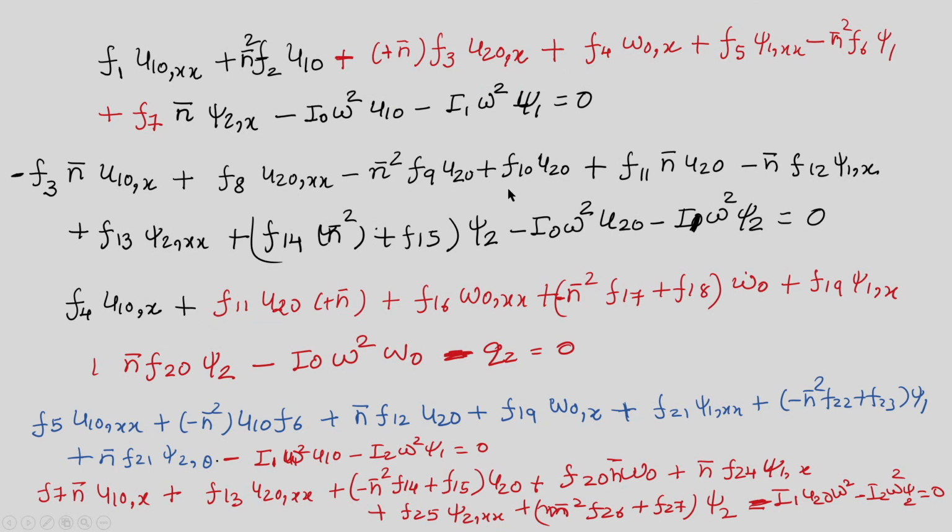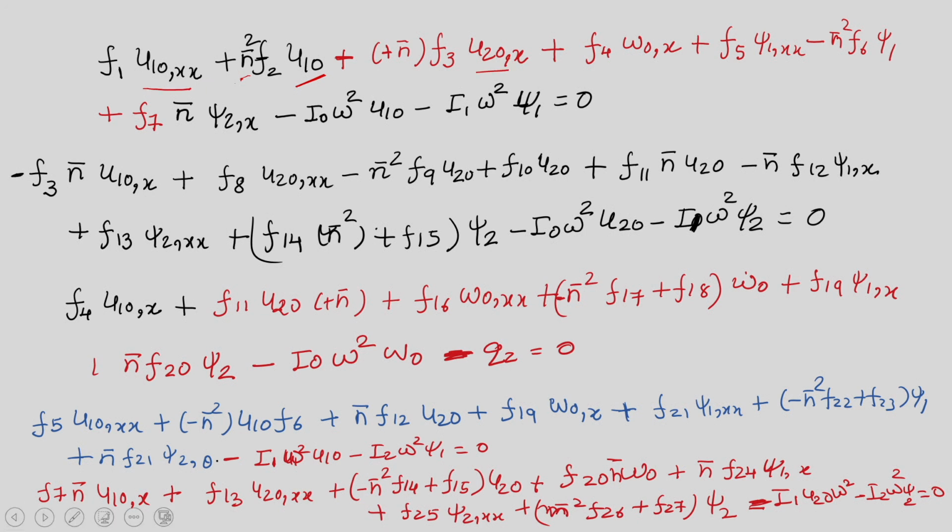Here one can see that the variation along the theta direction vanishes and it gives you a term n bar square, and it is simply a u1 0. There is no derivative, but the derivative along the x axis remains.